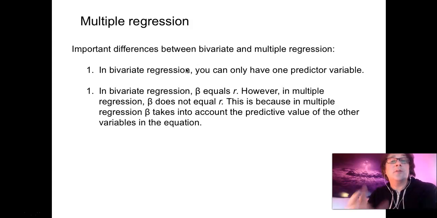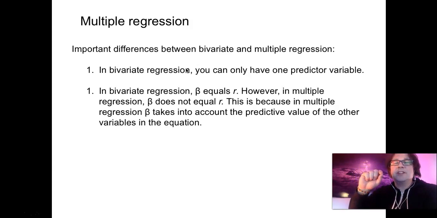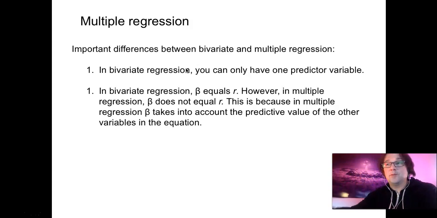This is because in multiple regression, it takes into account the predictive value of the other variables in the equation. So what this means is that your beta value for each of your predictors, if you're using multiple regression, and I put in, let's say for GPA, just one variable, SAT scores, and I get a beta coefficient of 0.8.